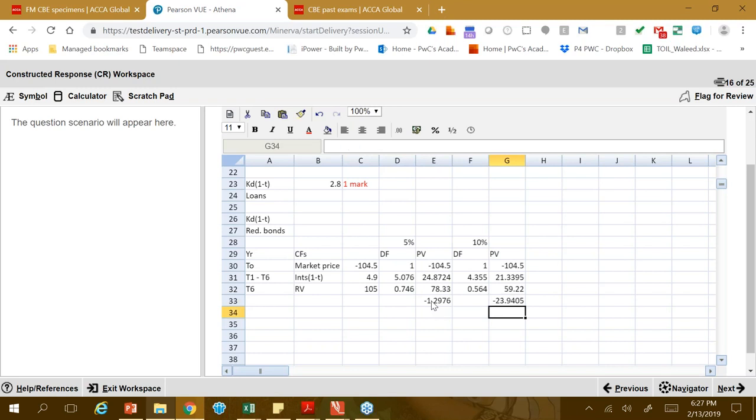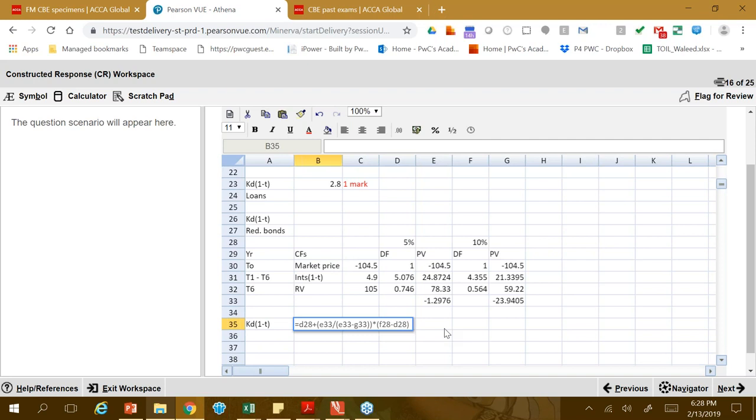And then use the IRR formula to find the KD1 minus the T, which is the low rate, which is given in D28, plus the present value at the low rate, which is E33, dividing that with E33 minus the present value at high rate, which is G33, into high minus the low, which is F28 minus the D28.